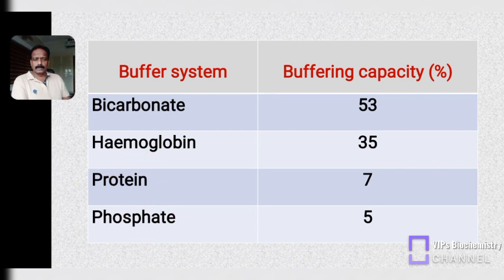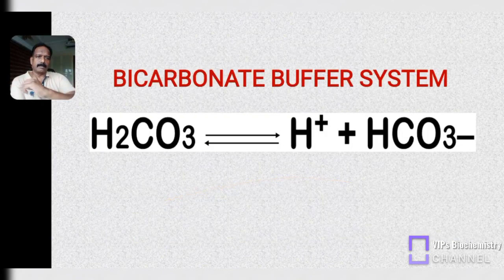So let us go to the prime one, the bicarbonate buffer system, the most important buffer system in the body. This is H2CO3, HCO3 minus, that is, the carbonic acid bicarbonate buffer system. Now, this is often called an open buffer system because it exists in two separate compartments, which we will see in a moment.